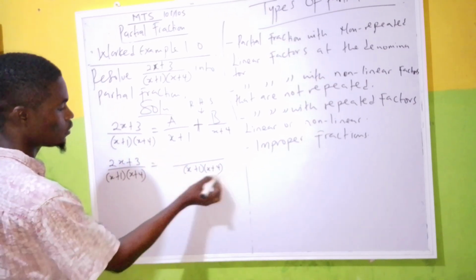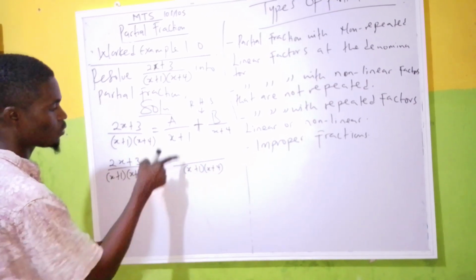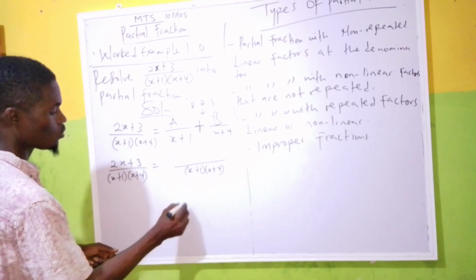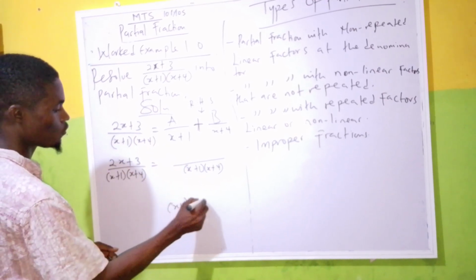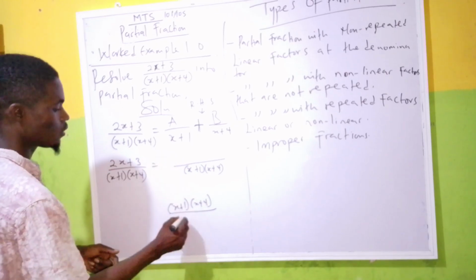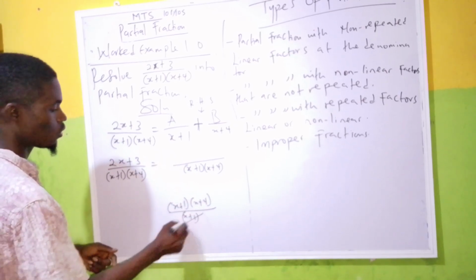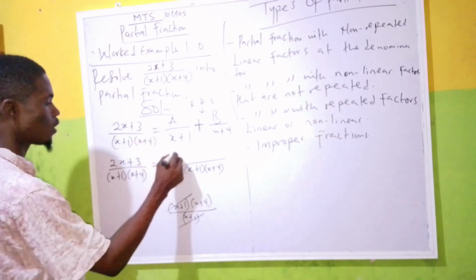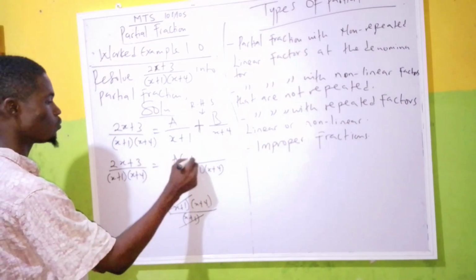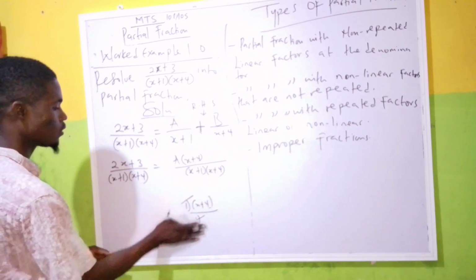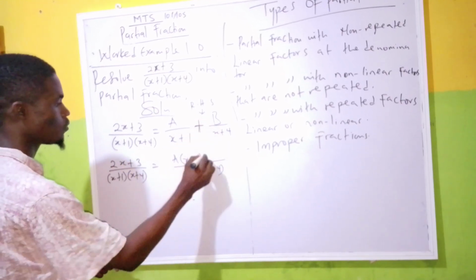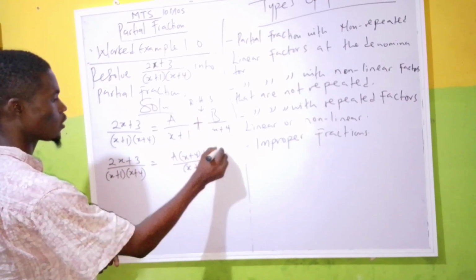Then this LCM divided by x + 1: x + 1 cancels, and you are left with x + 4. So A is multiplied by (x + 4). The same thing, the LCM divided by x + 4 leaves x + 1, so we have B times (x + 1).